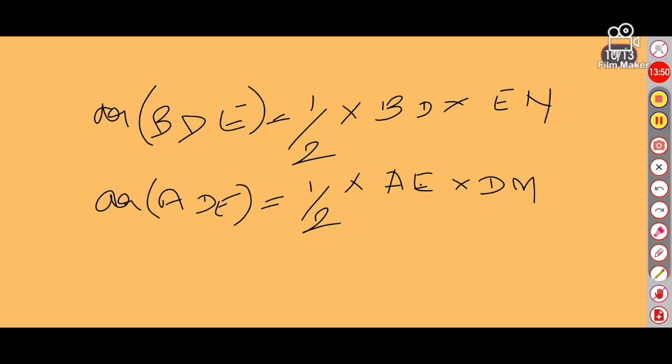The earlier equation, half into AD into EN, is from viewing from the left side. Similarly, when you see from the right side, the other height present inside the triangle is DM, and with respect to that, the area of ADE will be half into DM into the base AE, right? So this is another formula.